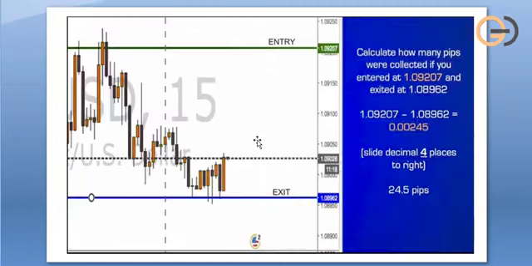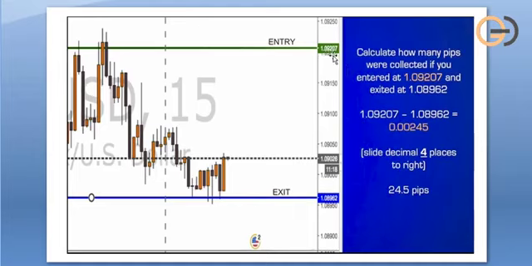So for example, this is a typical Forex chart. You have the entry point, you have the exit point, and these are the price rates. This is the chart of the NZD USD, the price chart.